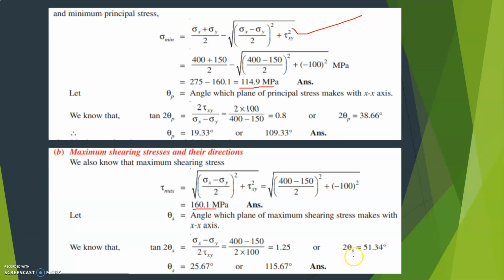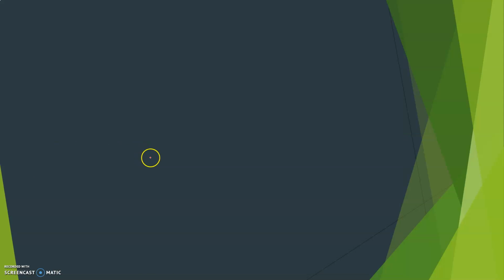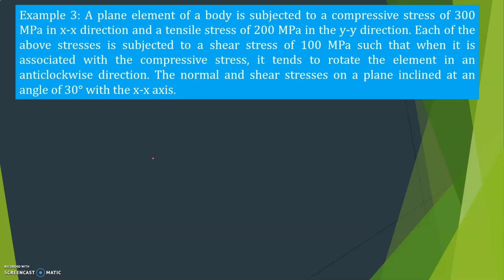Substitute, you get 2 theta s is equal to 34 degrees, or theta s is equal to 25.67 degrees. So like this you can calculate the magnitude of the stresses, normal stress, shear stresses.